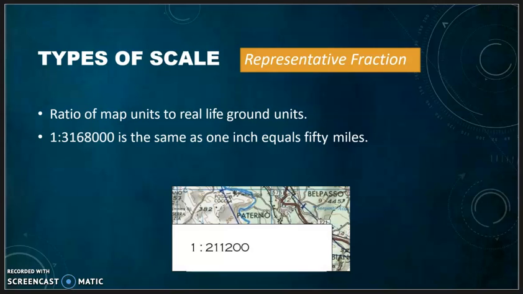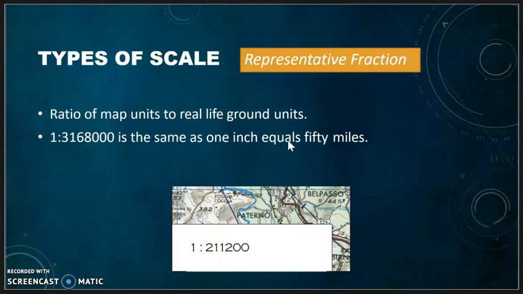Therefore, 1 inch on this map would represent 24,000 inches on the ground. 1 centimeter on this map would represent 24,000 centimeters on the ground. In the book, they use an example that you can literally use any unit. And so they've used an Oreo cookie to represent a unit of measurement.